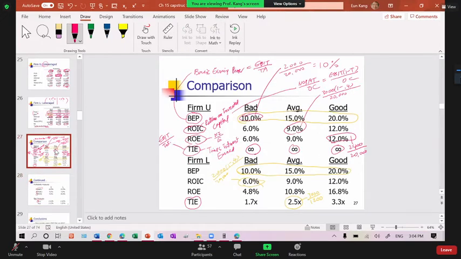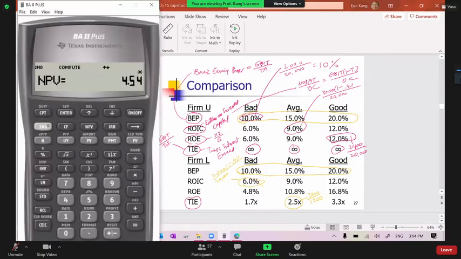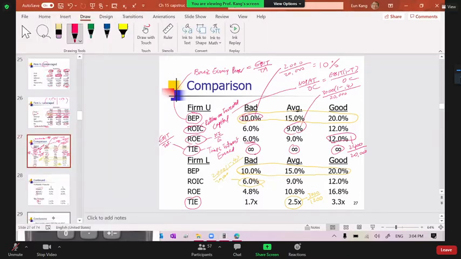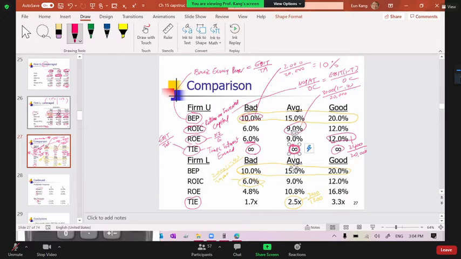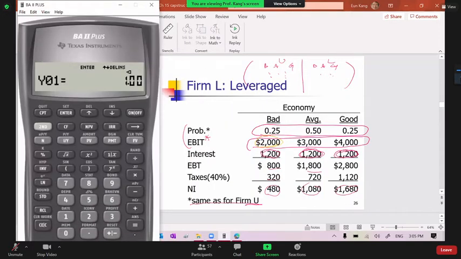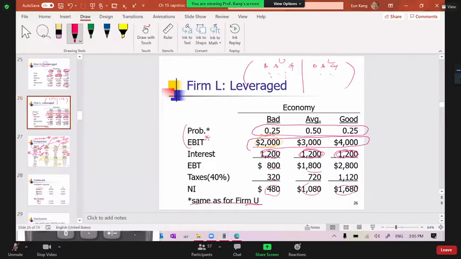For example, if you want to calculate ROE, then using second data, second clear work, X1 is ROE 6%, so 6, enter. And Y1 is 25, since 25 is 25% here.